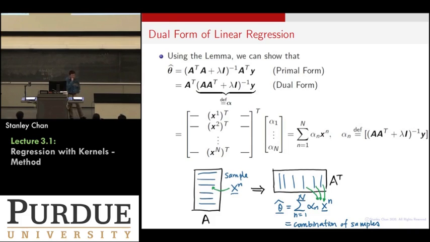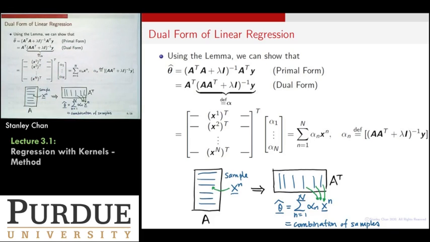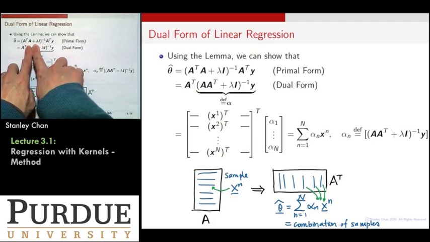You can start with the linear regression equation, the pseudo-inverse that we saw in lecture number 1. I call it the primal form. Now, don't be confused if you have taken convex optimization. This is not the primal-dual solution that we talk about in convex optimization. It's just another term for this particular problem. It's called the primal form for this linear regression, which is a pseudo-inverse.